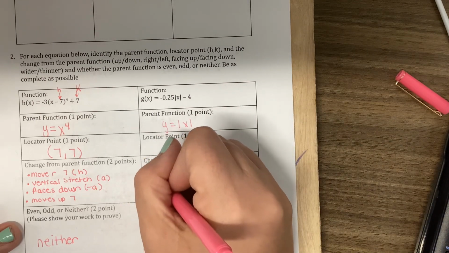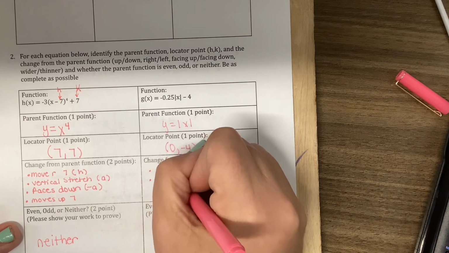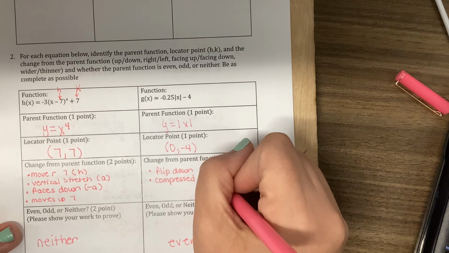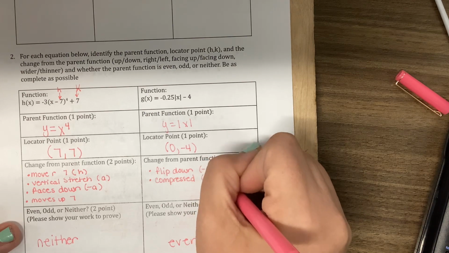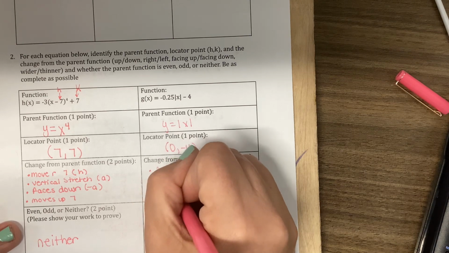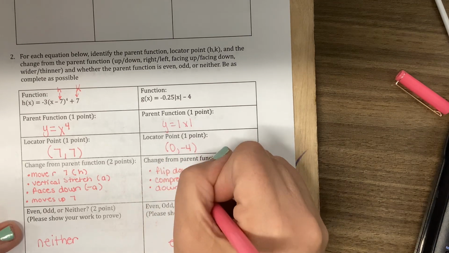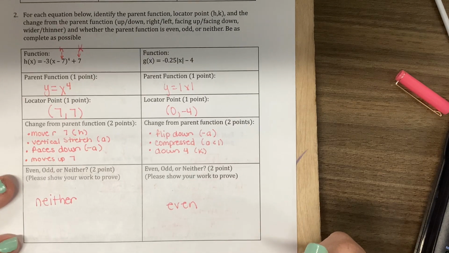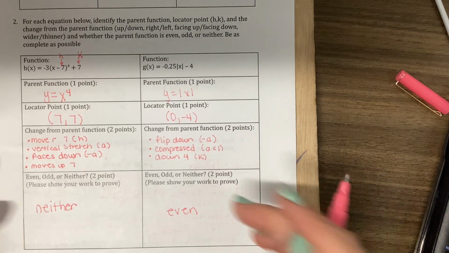It's going to be compressed, and that's because a is a fraction, or a is less than 1. It's going to move down 4, and that's because of your k value. H is 0, so it does not move on the horizontal axis.